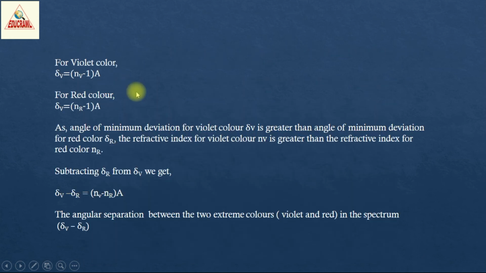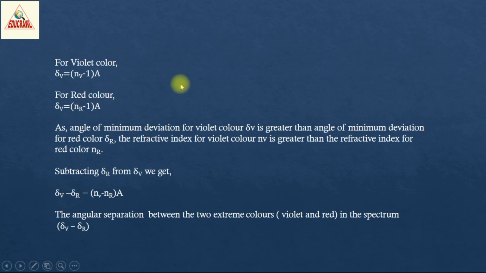So for violet color, we write the expression as del V is equal to (nV minus 1) into A. Similarly, for red color, del R is equal to (nR minus 1) into A.